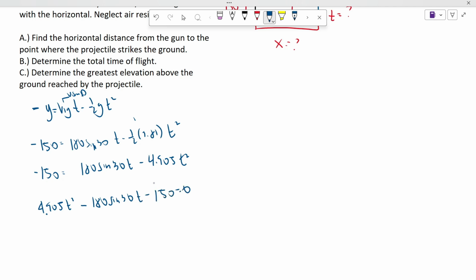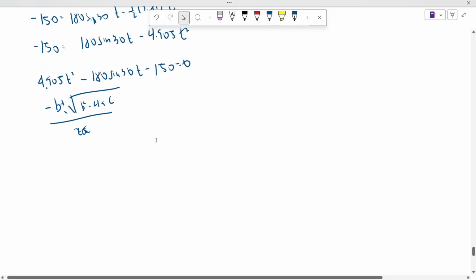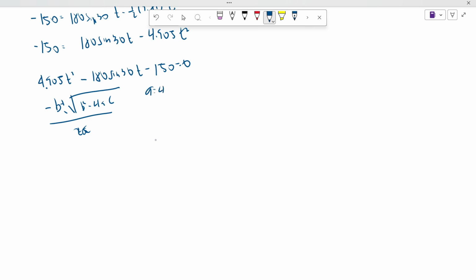If you notice, guys, this will be a quadratic equation. What is the formula of the quadratic equation? Negative B plus or minus the square root of B squared minus 4AC, all over 2A. Next, substitute the values of A, B, and C, wherein A is 4.905, B is negative 180 sine of 30, and C is negative 150.